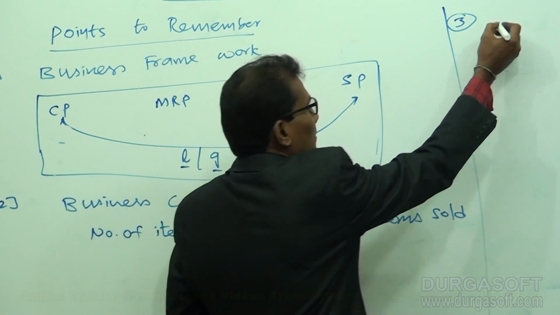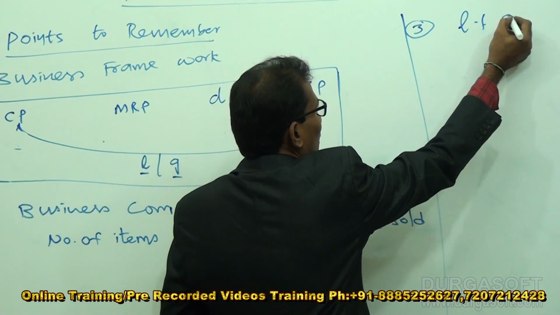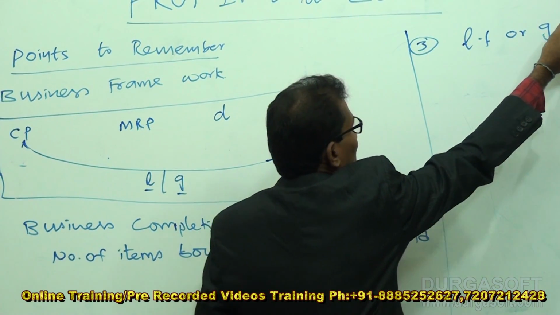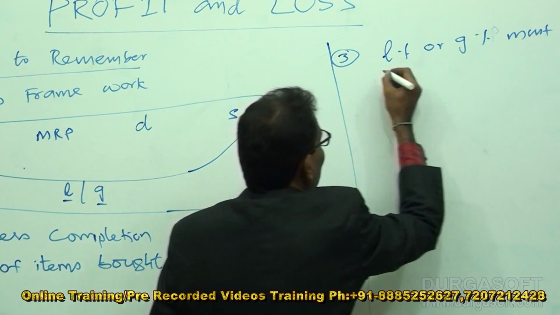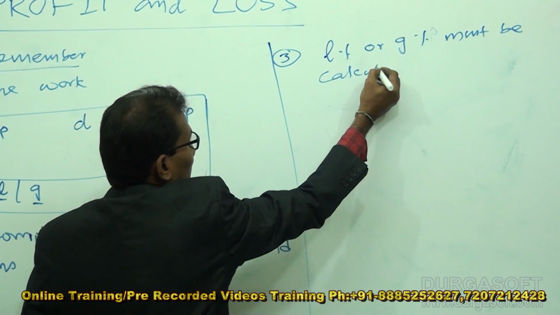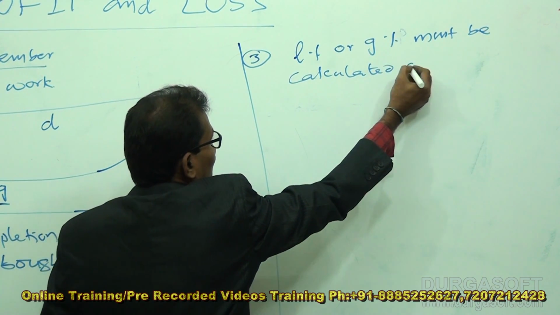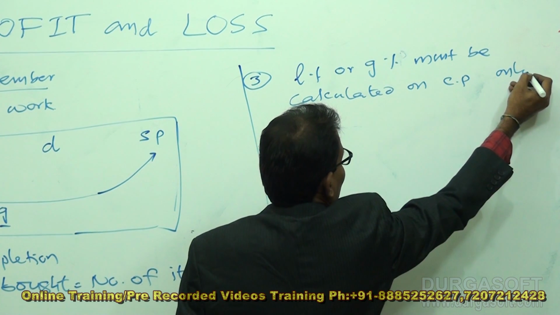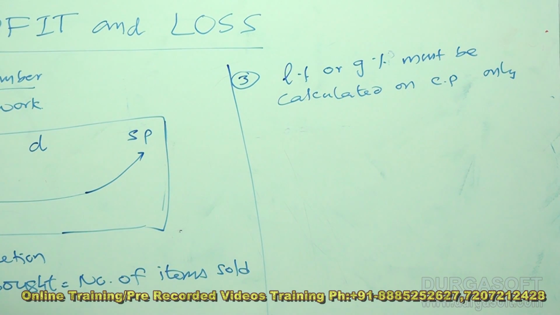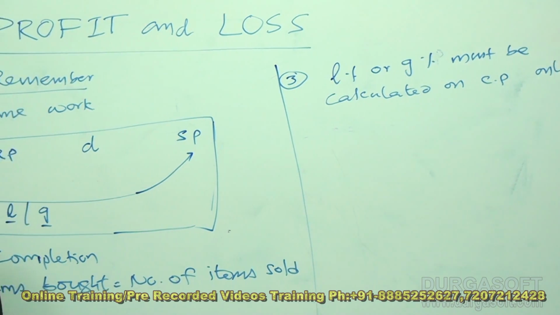Loss percent or gain percent must be calculated on cost price only, never on selling price.